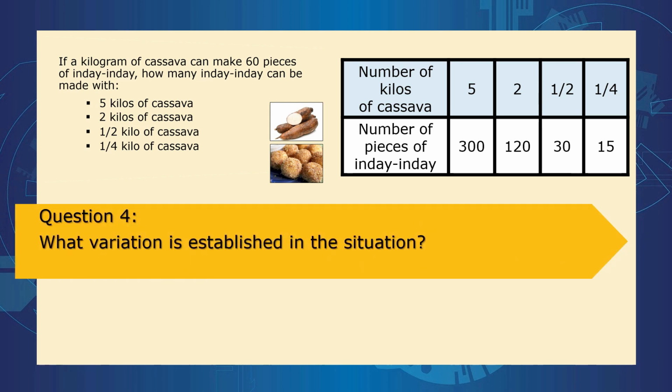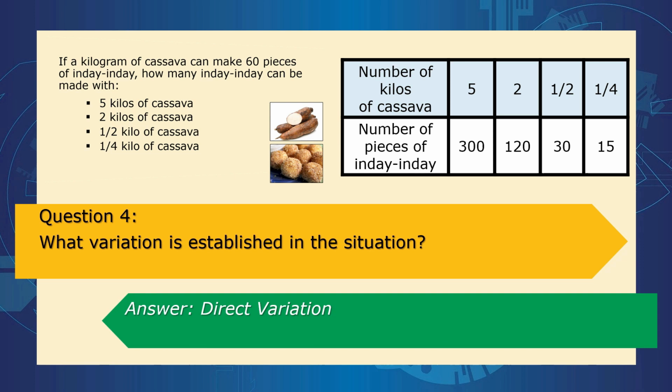Question number 4. What variation is established in this situation? Perfect. The answer is direct variation, since the number of kilos of cassava and the number of pieces of inday-inday vary directly to one another.